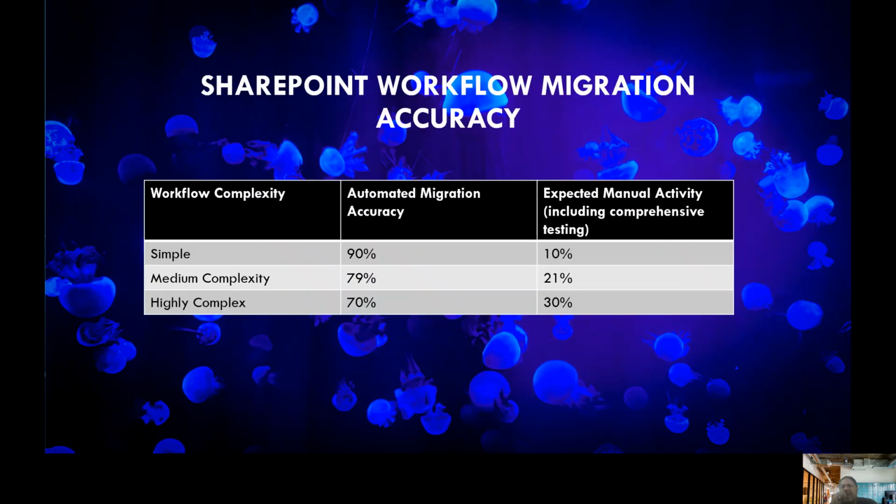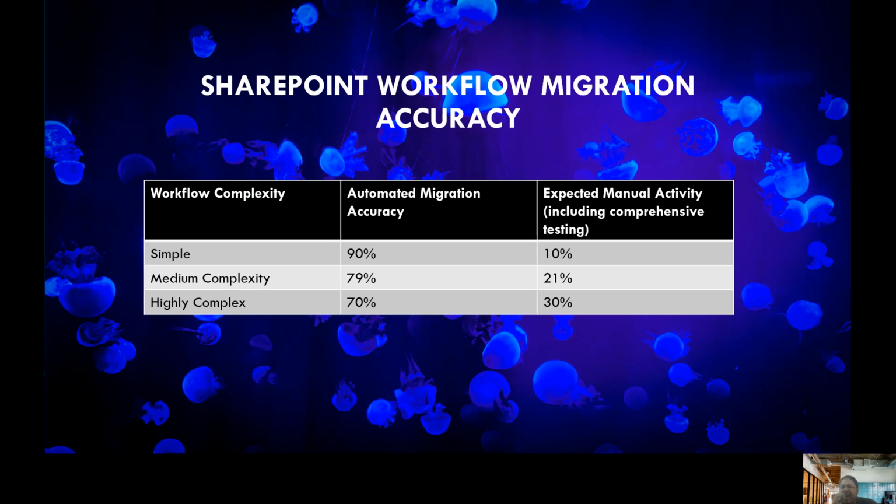In this slide, we'll talk about the SharePoint workflow migration accuracy. Before I talk about this, let me highlight that this is our first release, and we are currently working on subsequent releases of the tool. For this release, we have broken the workflow complexity into 3 different categories: simple, medium complexity, and high complexity.